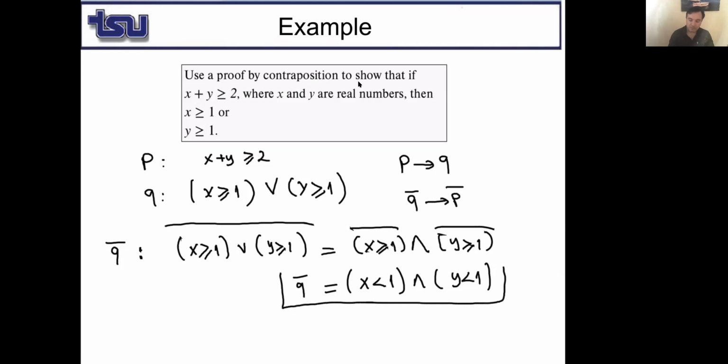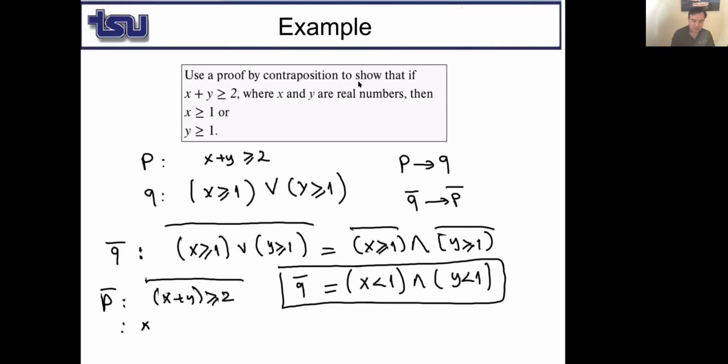Okay, what is P naught? It is the inverse of x plus y bigger than or equal to 2. That means x plus y less than 2. That's what P naught is. So if I start with Q naught right here, if Q naught implies P naught, then I'm done, because it's equivalent to P implies Q. Well, actually that's easy.